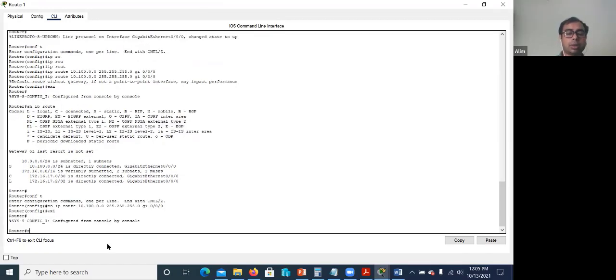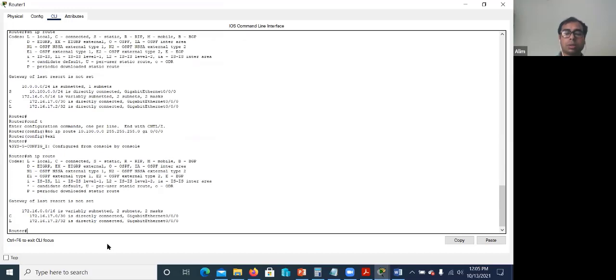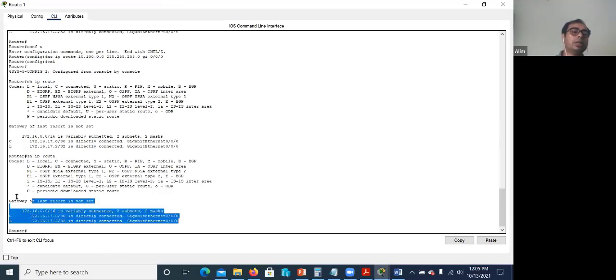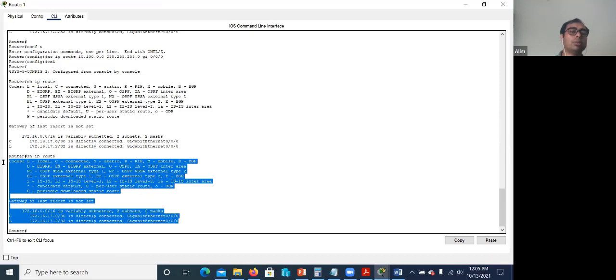Now check. So, show IP route. Okay, you can see that the 10.100.0.0/24 network is not present in this routing table because the static routing is removed.